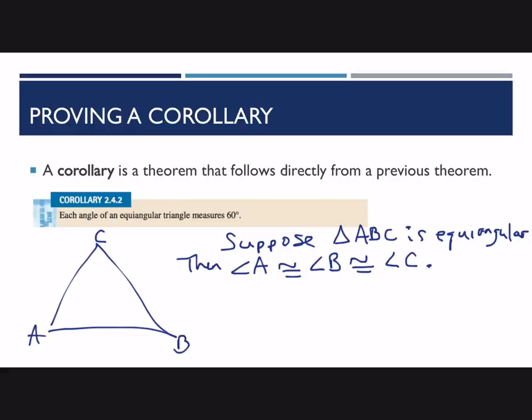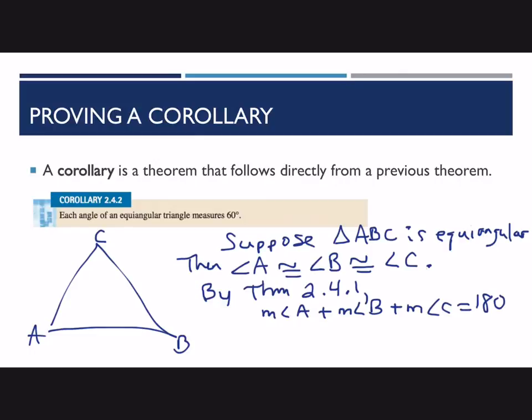All right, we know by the previous theorem, theorem 2.4.1, that the measures of these angles add up to 180 degrees. And maybe before that, we should have said that the measures of these 3 angles are equal, so I can insert that now as well.